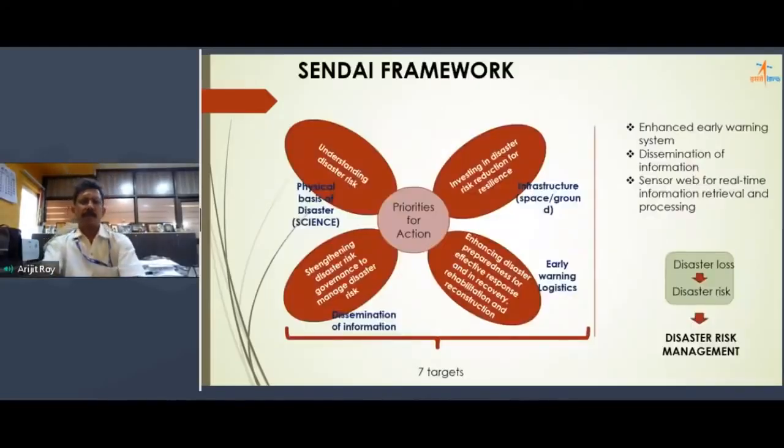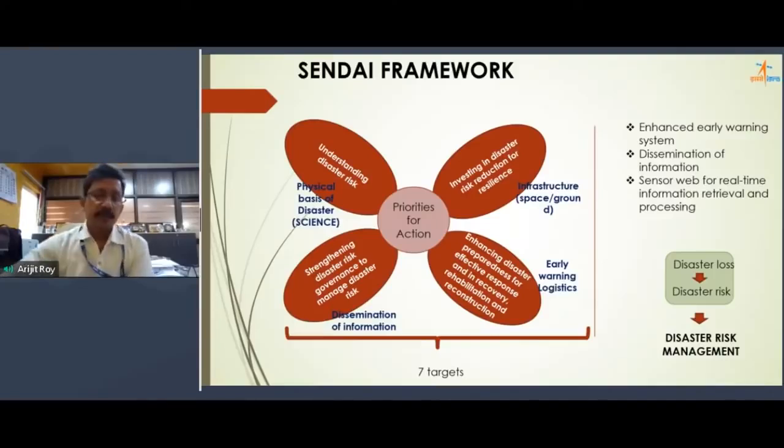Before I go further, I would just like to briefly discuss the Sendai framework. So in 2015, we had the Sendai framework at Sendai in Japan, where all the countries who are a party to the Hyogo framework came together to chart out the priorities of action for the next 15 years, that is up to 2030.